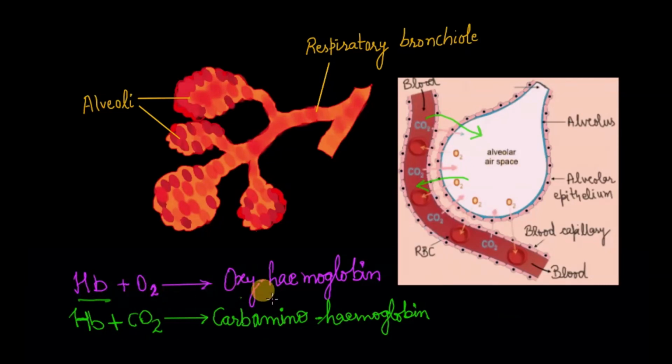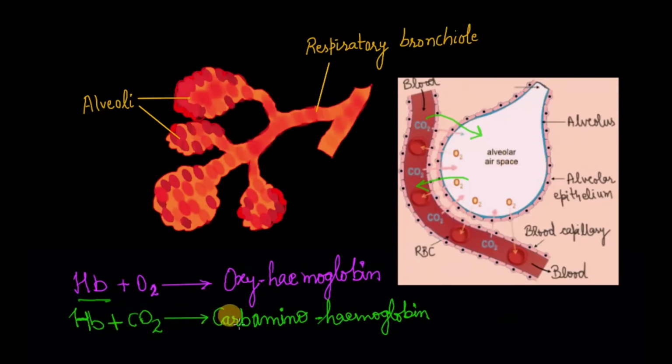Hemoglobin is present in the RBCs. When it combines with oxygen, it forms oxyhemoglobin. Hemoglobin has high affinity to combine with oxygen. This way hemoglobin helps in carrying the oxygen from alveolar sacs to other body parts.